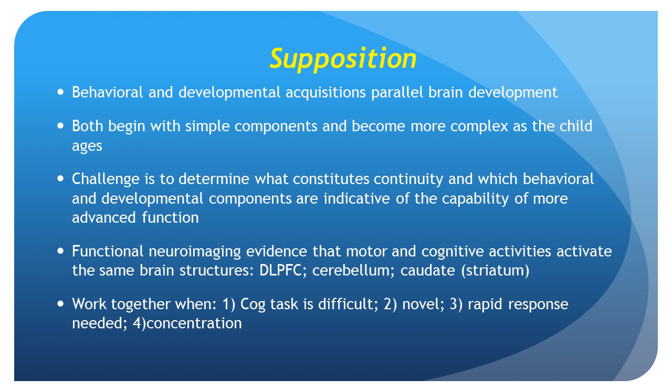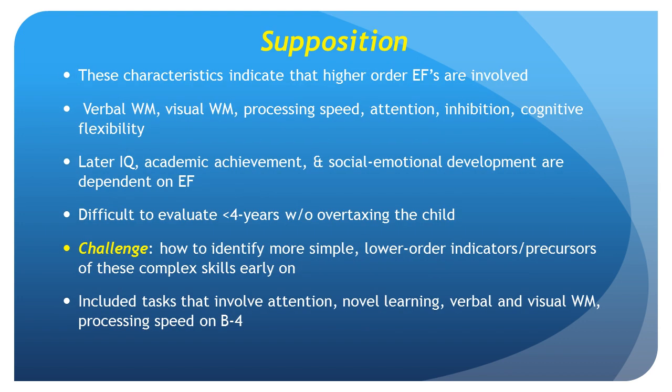And as I said before, they work together when the cognitive task is difficult, it's novel, a response of a rapid nature is needed, or concentration is needed. Basically, these characteristics indicate that higher order executive functions are involved.